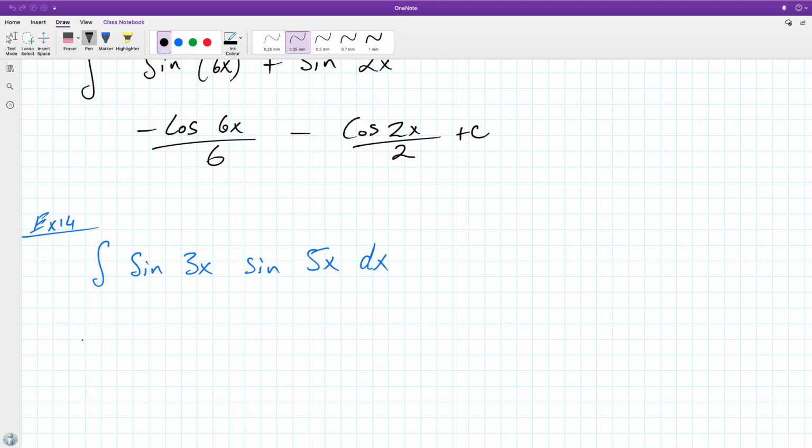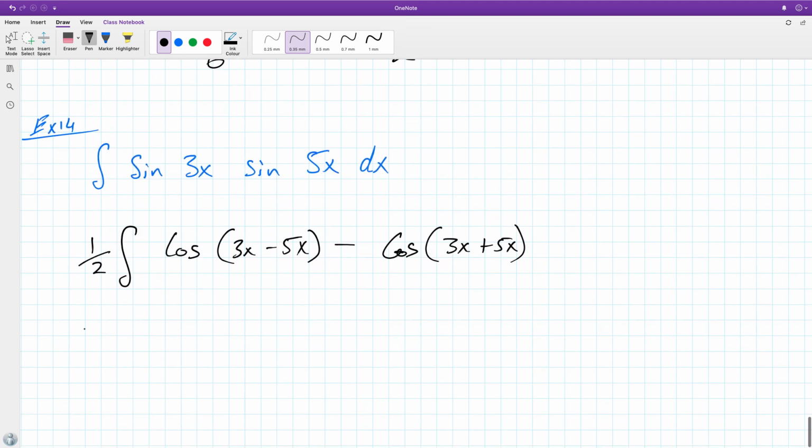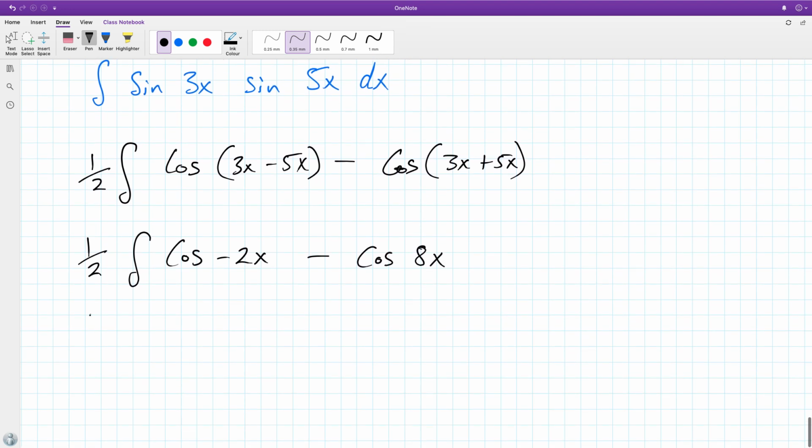So then, that is a half times the integration of sine and sine, which is the cos of 3x minus 5x minus the cos of 3x plus 5x. So that's a half times the integration of the cos of minus 2x minus the cos of 8x.